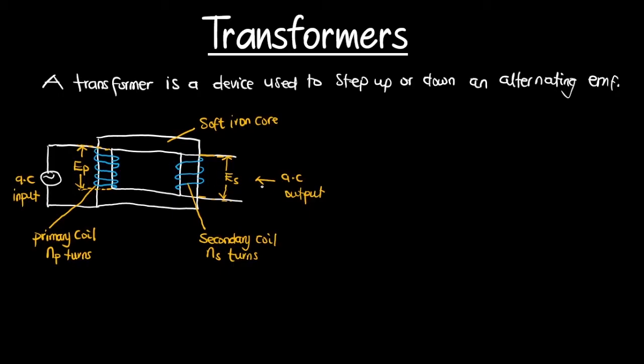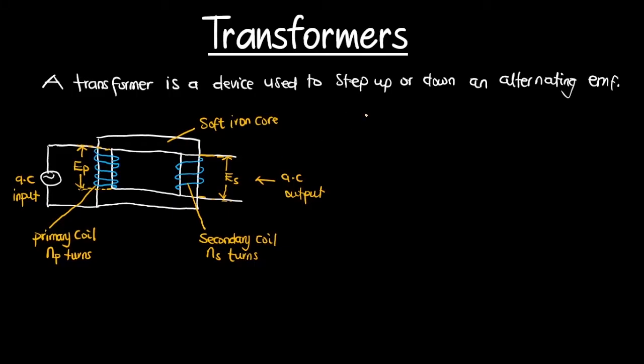Then where the output is, that is the EMF of the secondary coil, so we represent that by ES. The coil on the secondary side is what we call the secondary coil. The number of turns it has is represented by NS, and then the primary coil, where the AC input is, has number of turns NP.